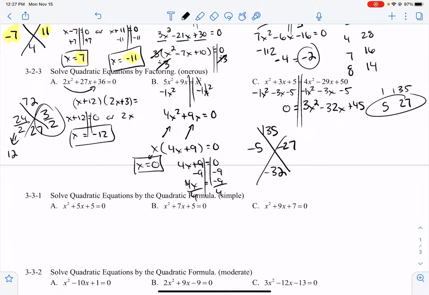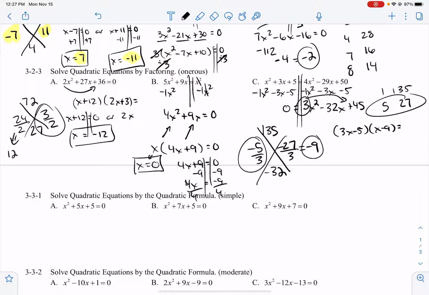And to get 135, I took the 3 and multiplied it by 45. So I have to divide by 3. So this side becomes negative 9. And this side is negative 5/3. So if you haven't noticed the shortcut yet, 3x minus 5, x minus 9 equals 0.